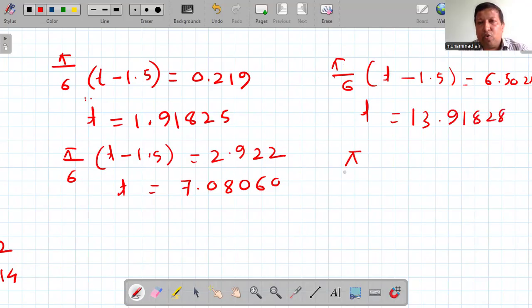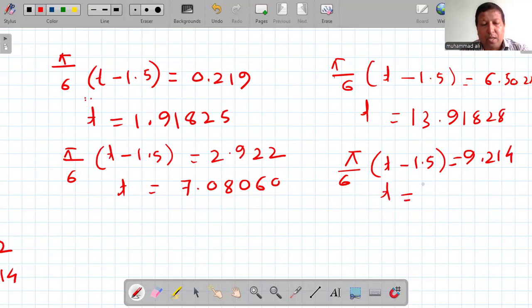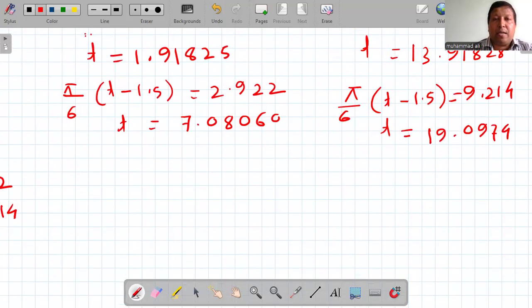And another t value, pi by 6 (t minus 1.5) equals 9.214. From here, we get 19.0974. At these times the tide will be 5 meters, but we want the time when it is above 5 meters.